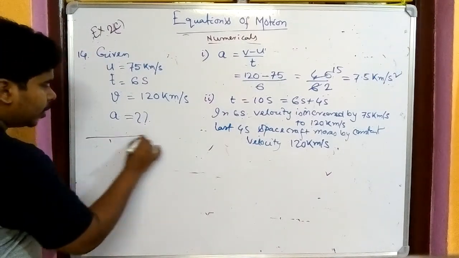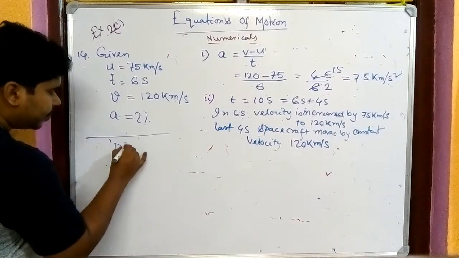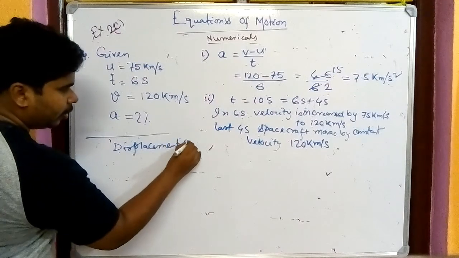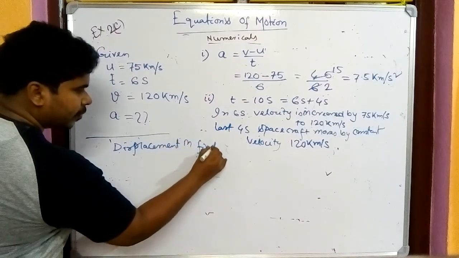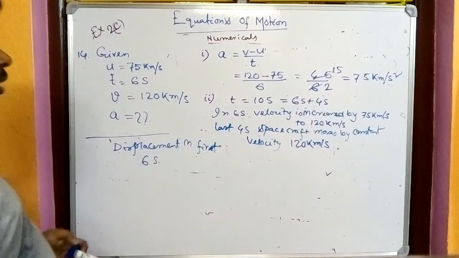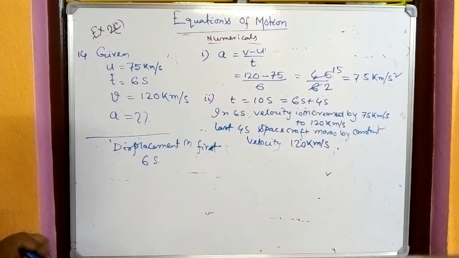Next, the displacement in the first 6 seconds. Now the question is, sir, which equation should we use here? You can use any equation, because you have a and you have t.